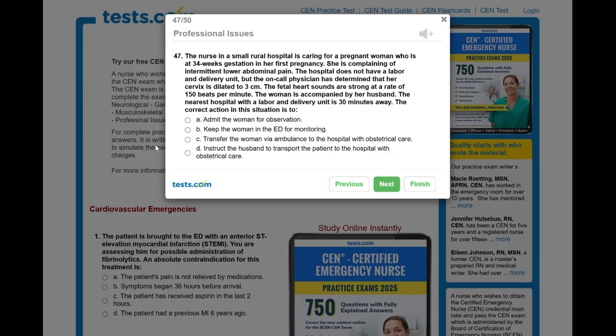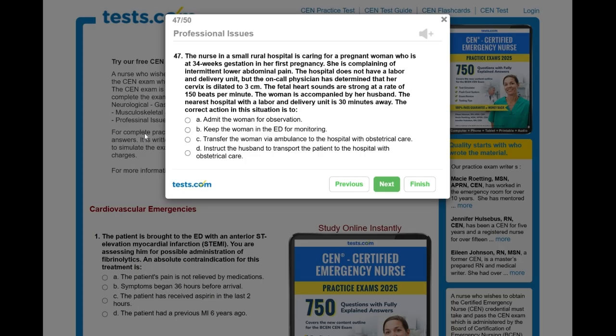Question 47. The nurse in a small rural hospital is caring for a pregnant woman who is at 34 weeks gestation in her first pregnancy. She is complaining of intermittent lower abdominal pain. The hospital does not have a labor and delivery unit, but the on-call physician has determined that her cervix is dilated to 3 centimeters. The fetal heart sounds are strong at a rate of 150 beats per minute.